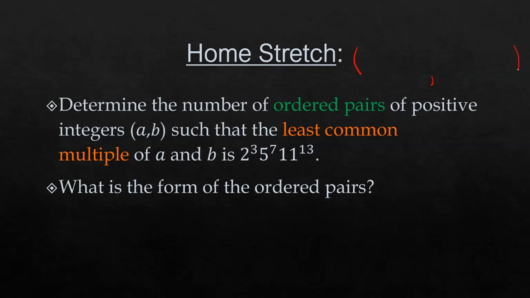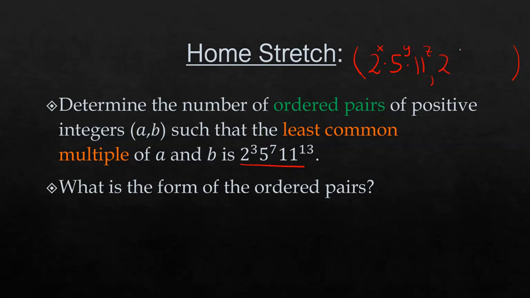Well, to figure out how they're going to look like, I just look at the least common multiple that is given like this. I'm going to have some power of 2 here times some power of 5 here times some power of 11 here. Because this is my least common multiple.